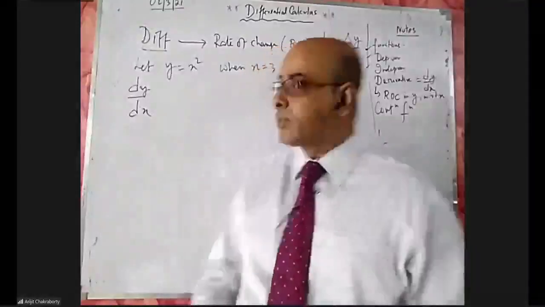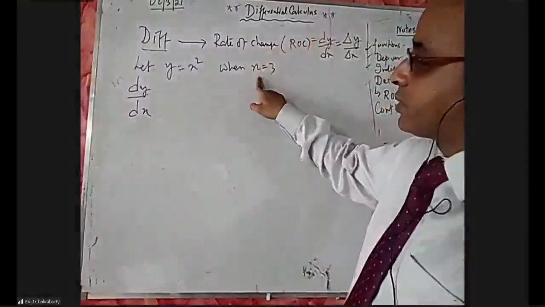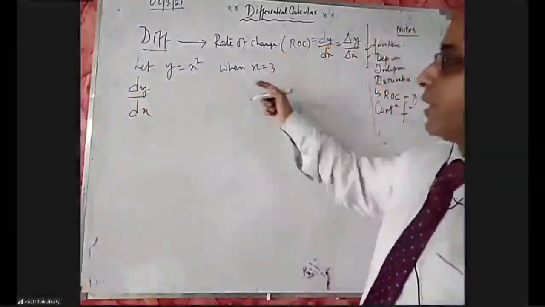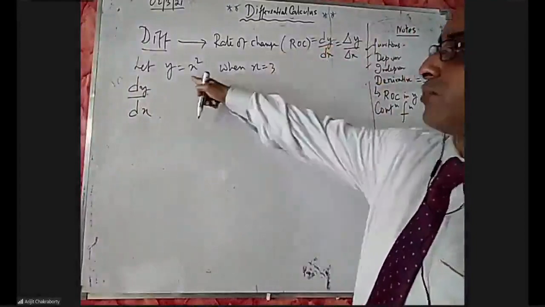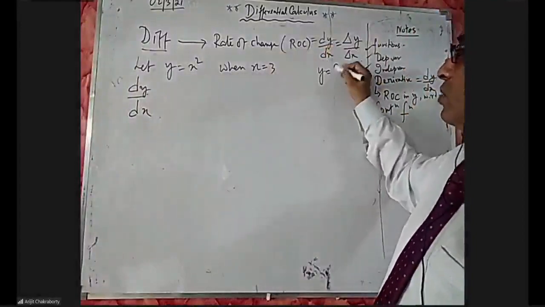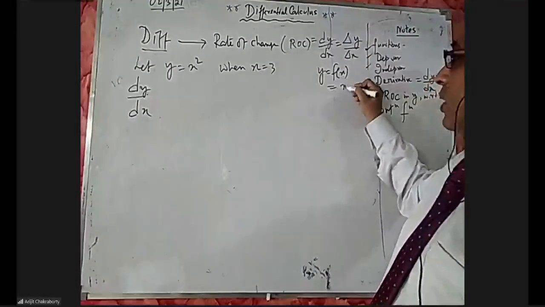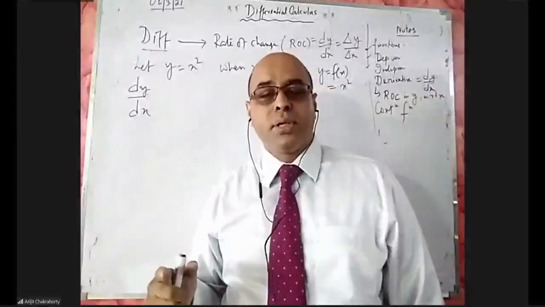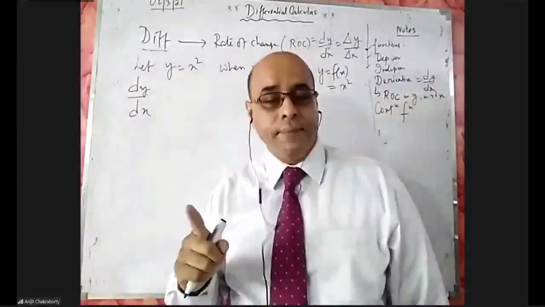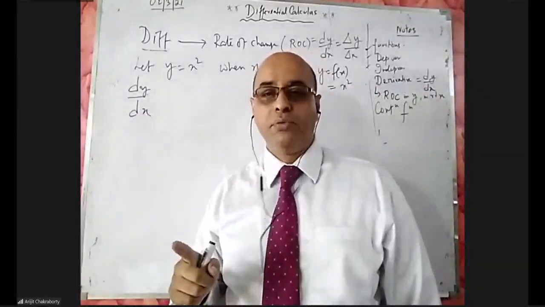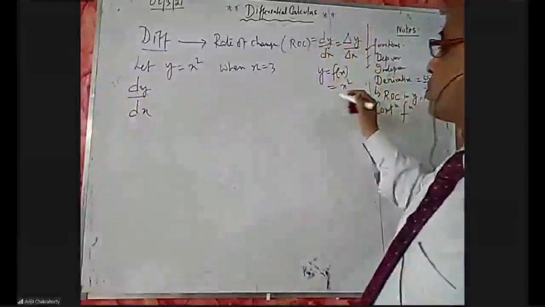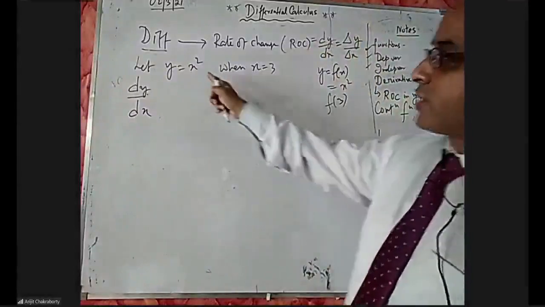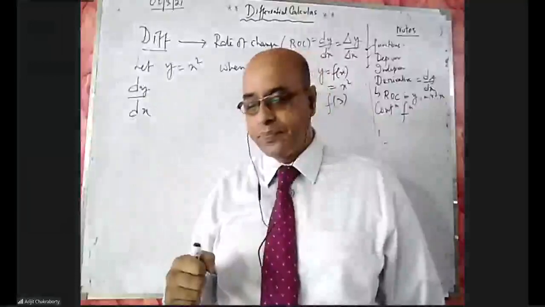So basically, we are trying to find out when x is 3, what is dy by dx. Y is a function of x, so I can write y equal to fx, which is equal to x square. But now I want to find out the differential coefficient when x is 3. Therefore, we will just write f3. That means instead of x square, I will write 3 square.